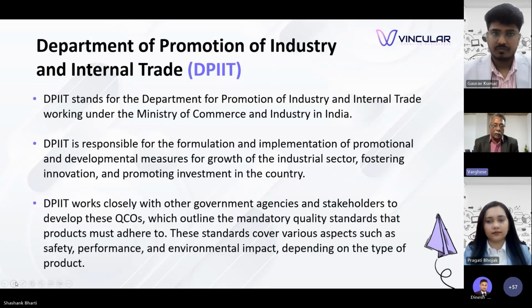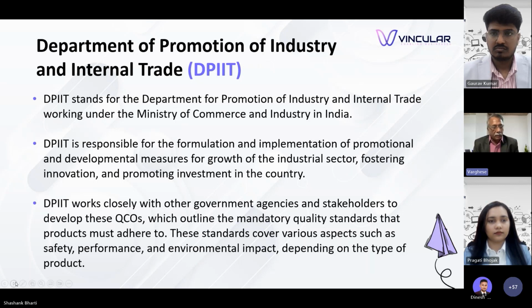Even though the QCOs are issued by various ministries or other statutory departments, including Bureau of Indian Standards, which has been empowered to issue the QCOs, the Department of Industry, the DPIIT, is the one department which coordinates and promotes the industry in India as well as trade. So we are closely interacting with this department.